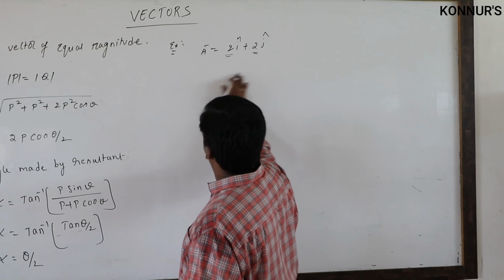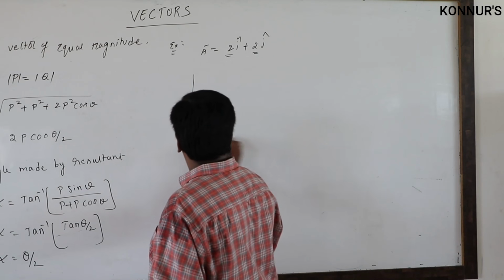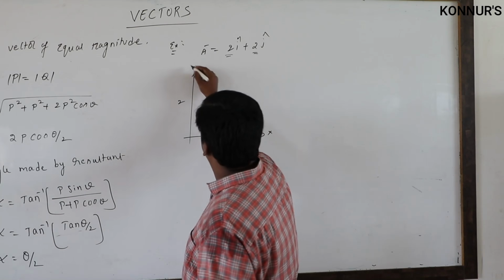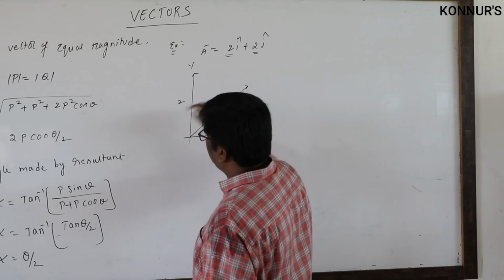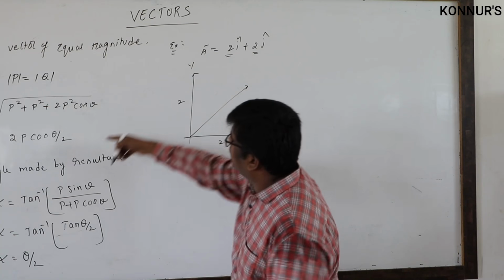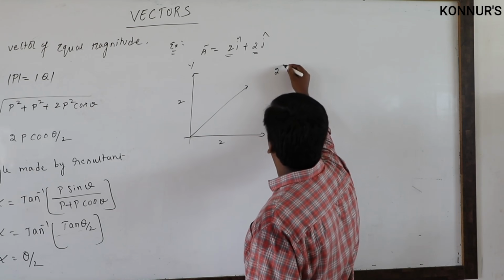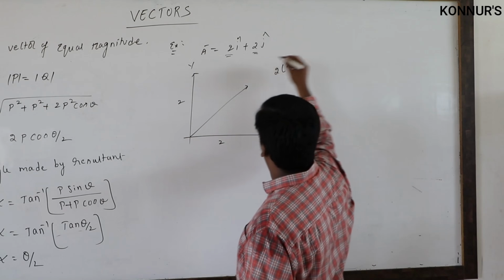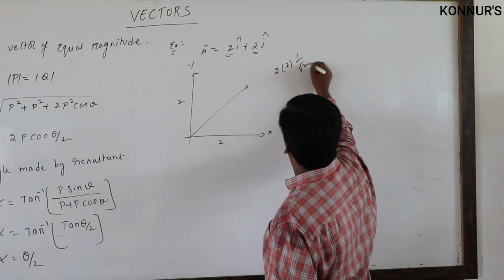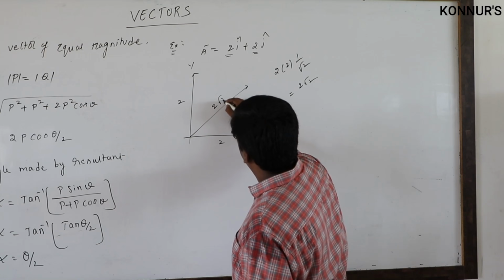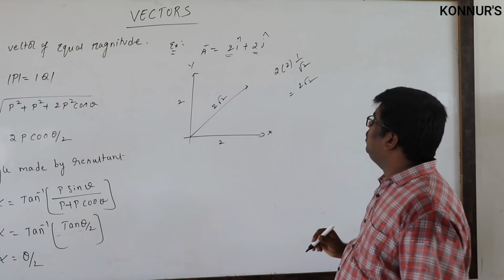The resultant will be 2p cos theta by 2. From this formula, 2p, any one vector, times cos 45, which is 1 by root 2, so the resultant will be 2 root 2.